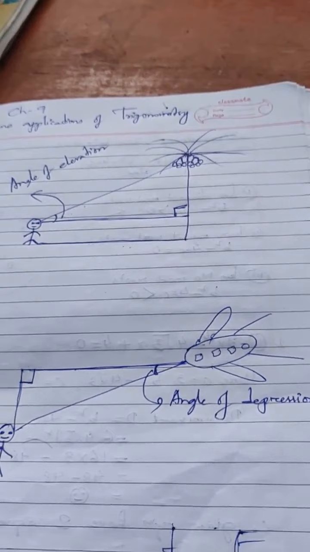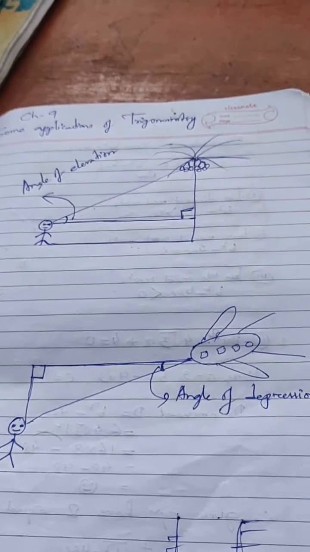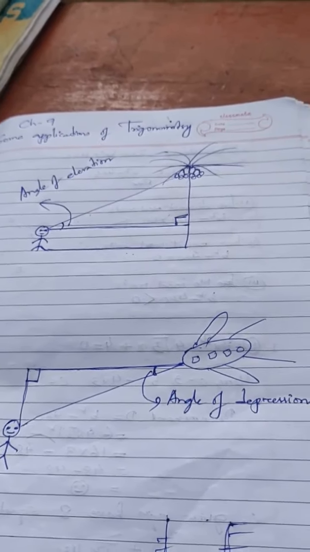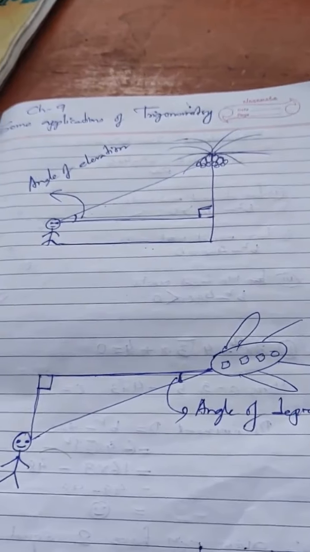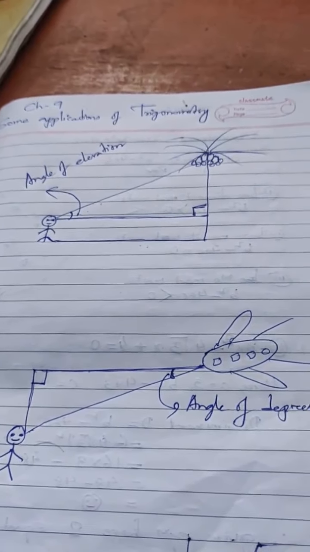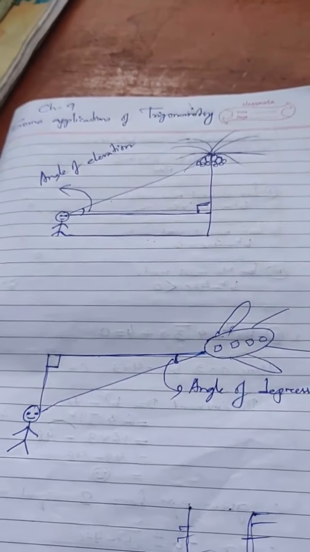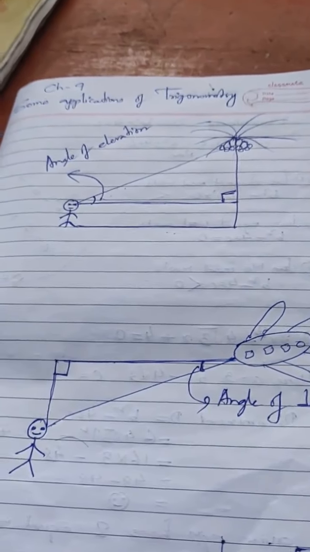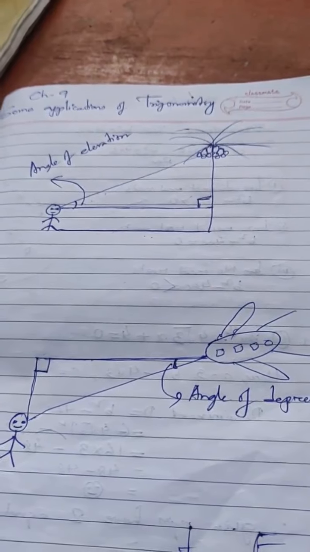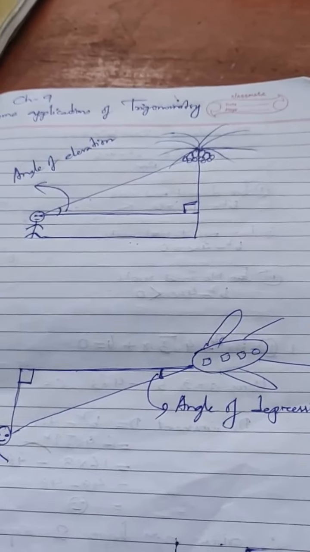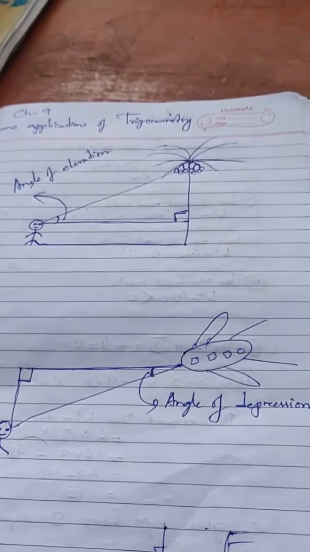To look at me, definitely you will have to look down, isn't it? That means for you angle of depression is created because you are looking down. And when I need to look at you, definitely I need to look up. Okay, and like I said, whenever we are looking up, then angle of elevation is created.